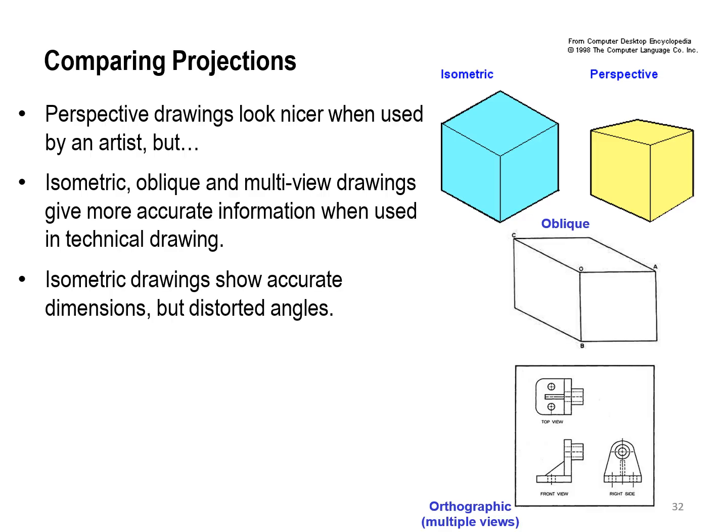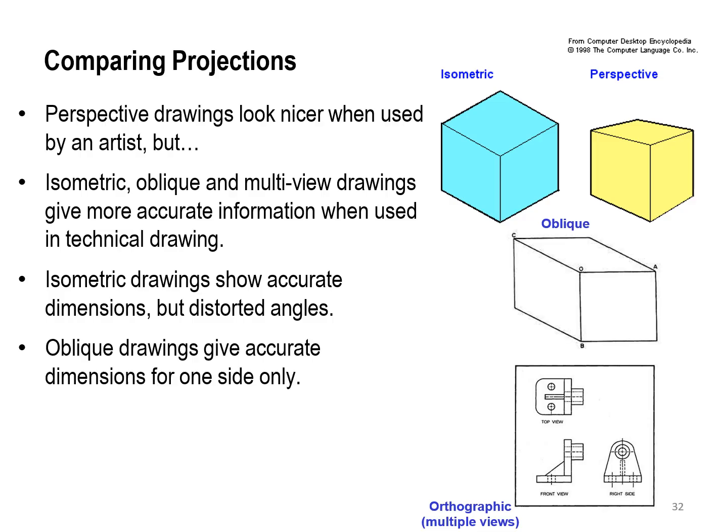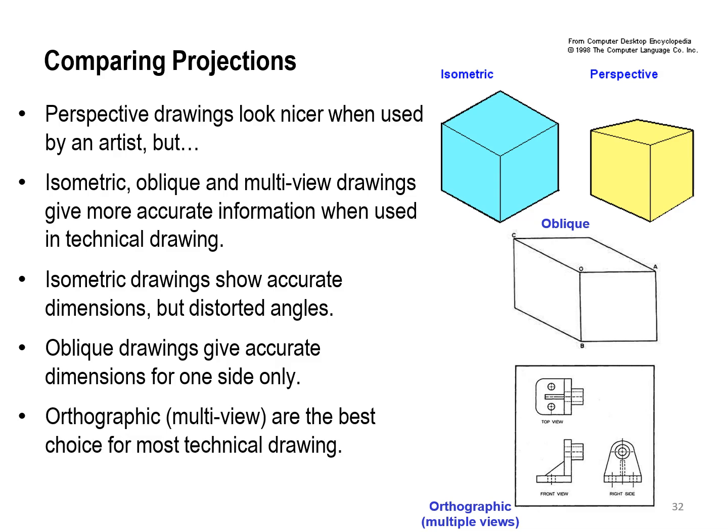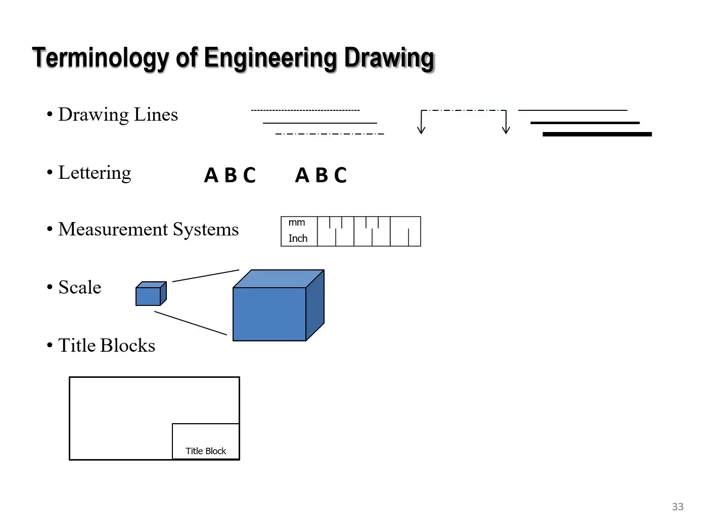The isometric drawing shows the accurate dimensions but distorted angles. The oblique drawing gives accurate dimensions for one side only. And we talked about this one earlier. The orthographic one, which is the multi-view, is going to be the best choice for most technical drawings.